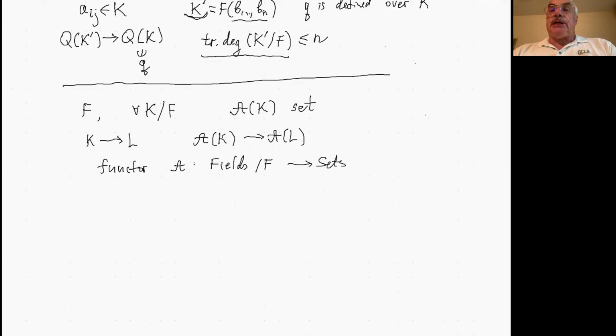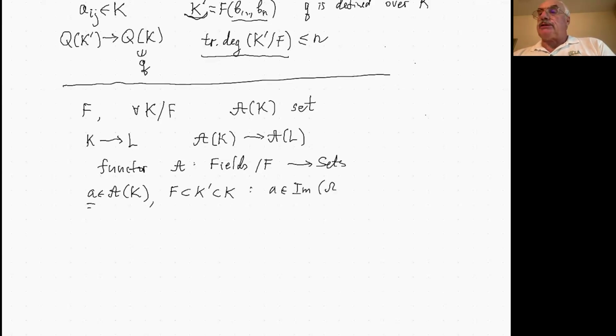You pick any K, you pick any element A in the set A of K. We first define the essential dimension of that particular element A. So we consider fields K prime smaller than K, while still containing F, all fields contain F, such that A is in the image of the map from A of K prime to A of K. It's like in our example, our quadratic form comes from a form over the smaller K prime.